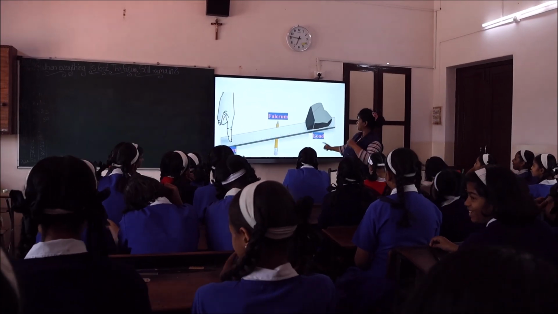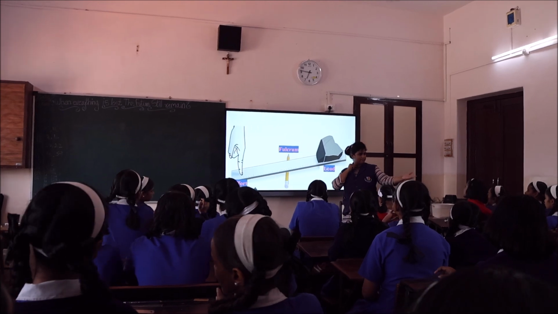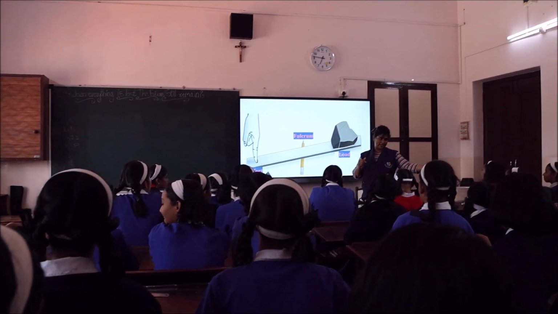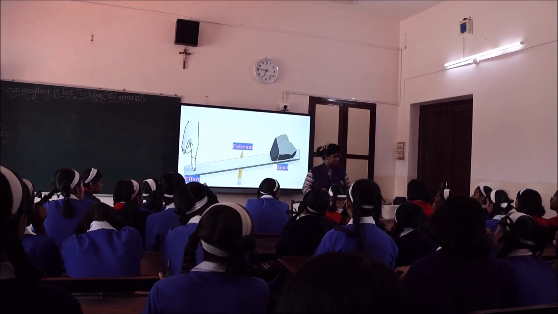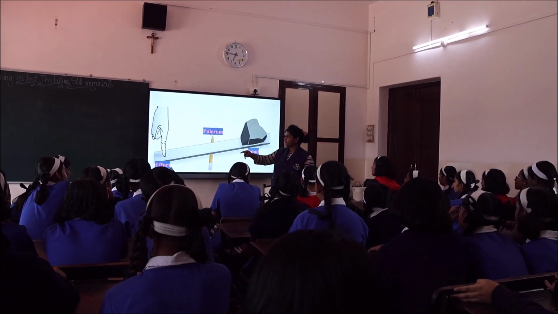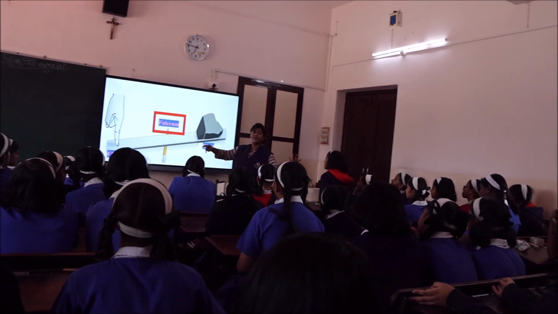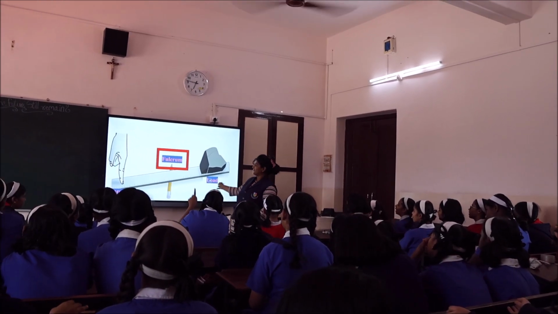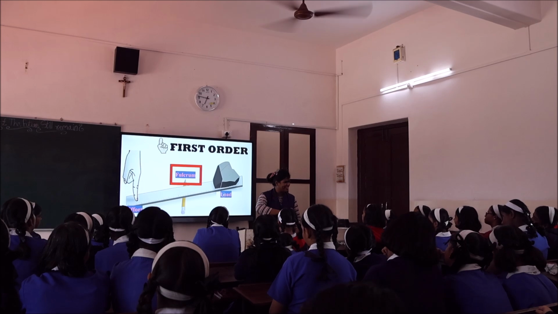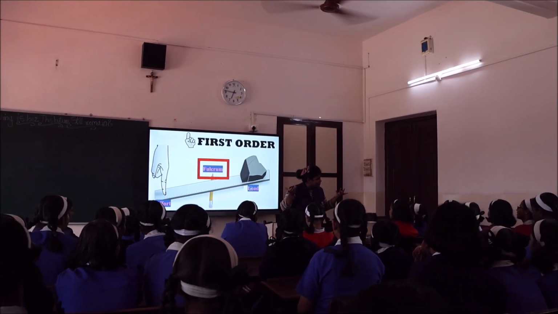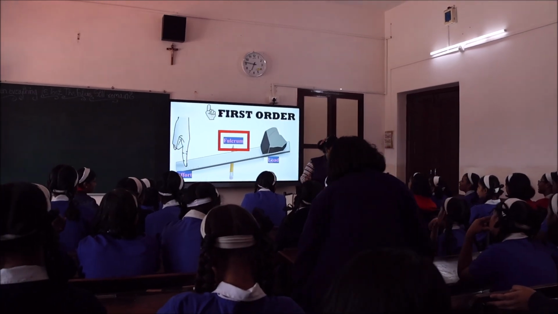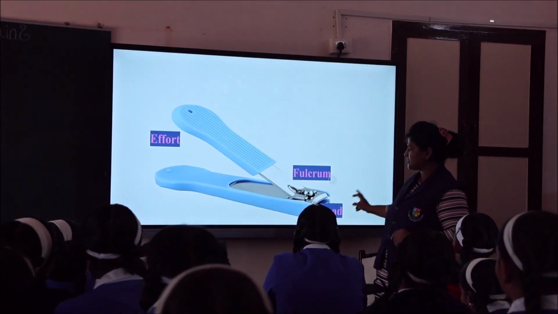Okay. Now, baby girls, you all saw that. Baby, where is your fulcrum? Fulcrum in the center. Which order? First order. Very good. Easy? If it's so difficult, you will do it. Fulcrum in the center. First order. Next.